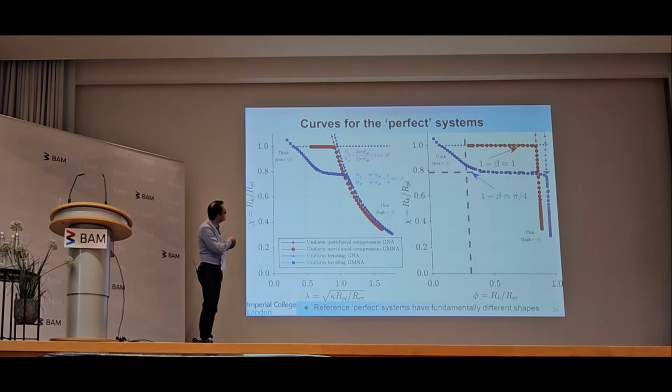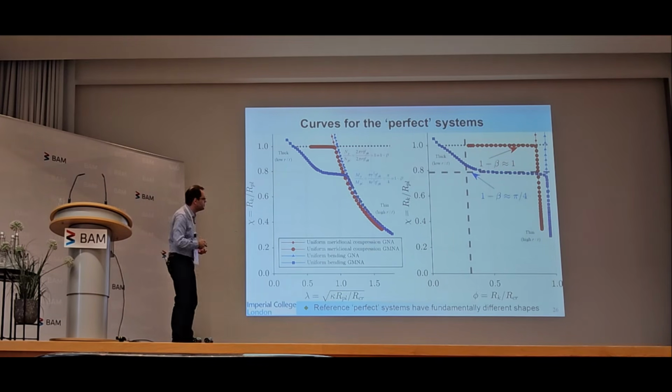So in a like-for-like comparison of curves, you must get yielding beginning much sooner from the bending curve than from the axial compression curve. And that means if you're looking for a default curve that is conservative, you have to go for the bending curve, because its 1 minus beta value is necessarily significantly lower than the 1 minus beta value for axial compression.